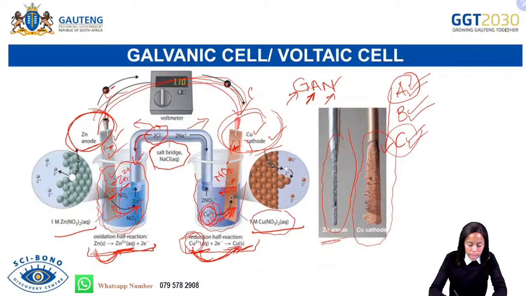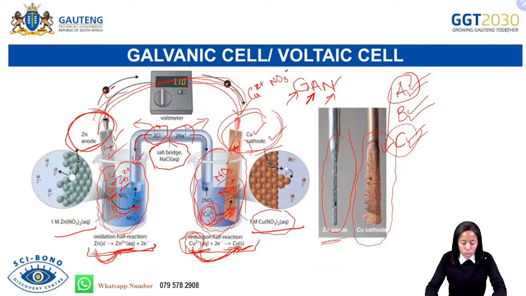So from the electrolyte, we have Cu2+ and what? And NO3-, okay? So we are going to have a lot of NO3- at the copper electrode. And because we are going to have a build-up of the negative charges there, the salt bridge will want to neutralize the electrolyte by bringing in what?